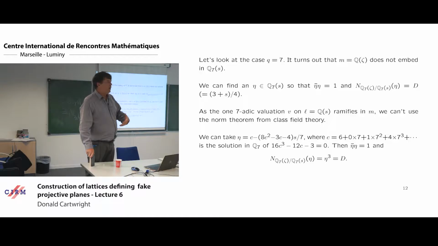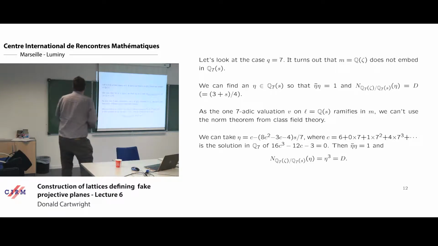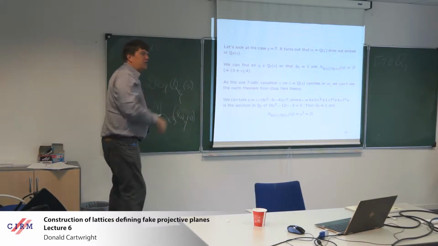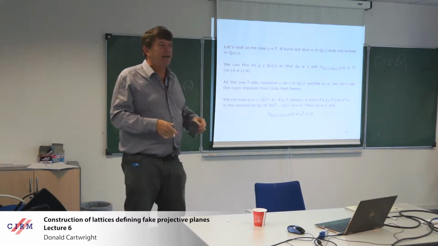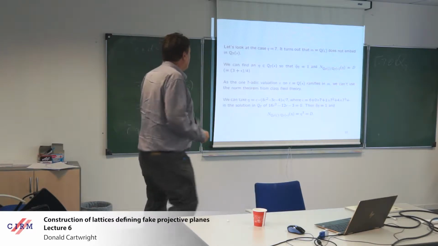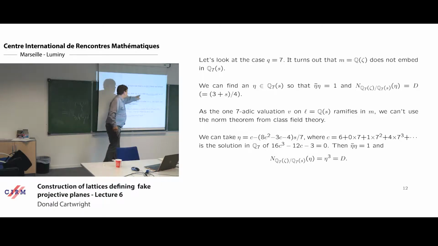So if you go looking for a cube, you might write it down as c plus ds and set its cube equal to capital D, and solve some equations. And you can eliminate D, plus put in this condition, and you find it's 8c cubed minus 3c minus 4 all over 7. It's just an elementary thing.